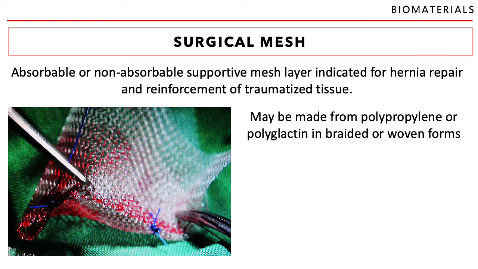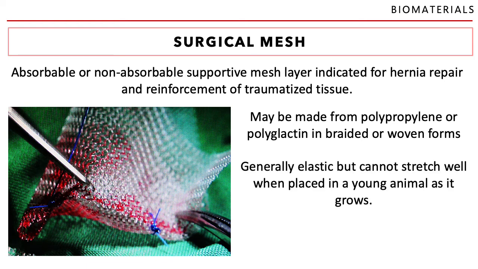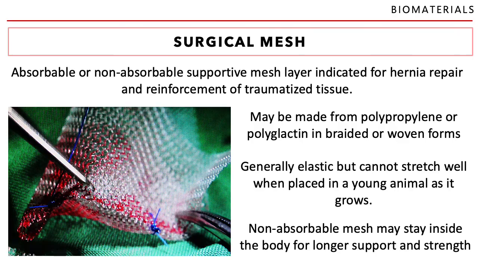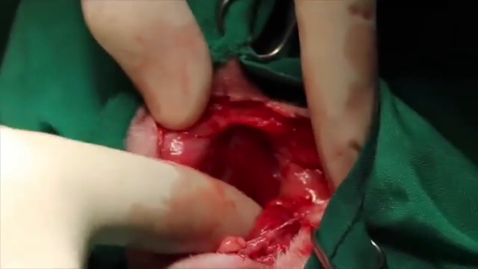And this can be made from polypropylene or polyglactin. They're generally elastic but cannot stretch well when placed in a young animal as it grows. So usually if you have placed it in a young animal, there's a possibility that this would fail later on in their life. But sometimes it doesn't, and they may stay inside the body for longer support and strength.